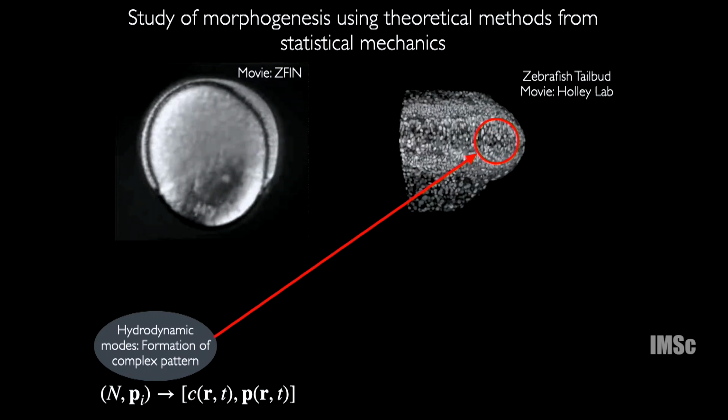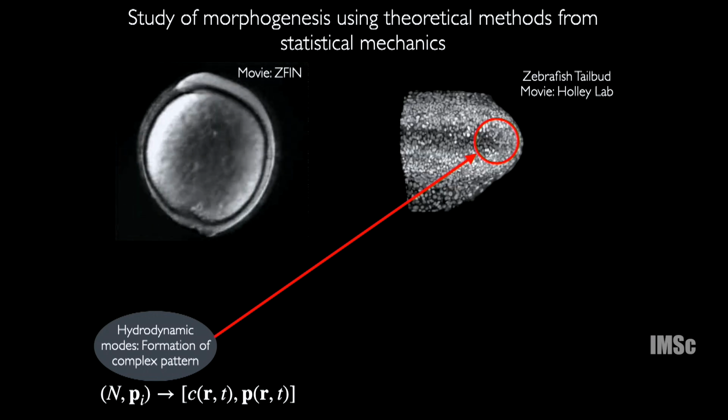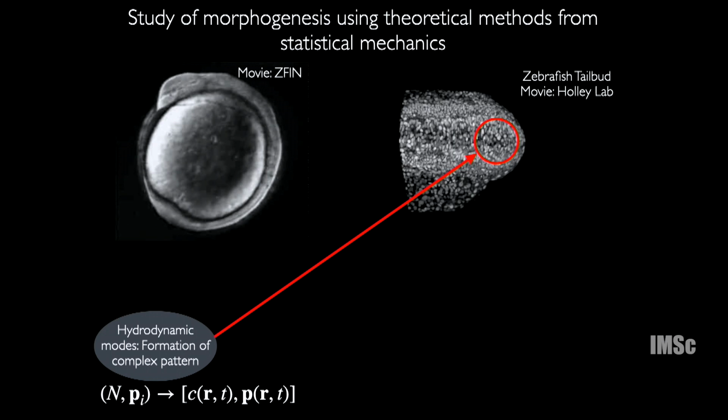I will worry about how each cell is interacting and how this leads to the formation of shape or collective flow.